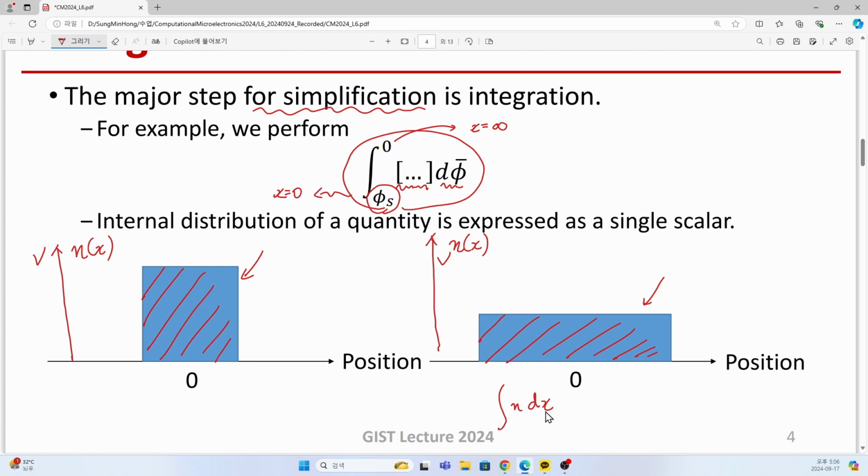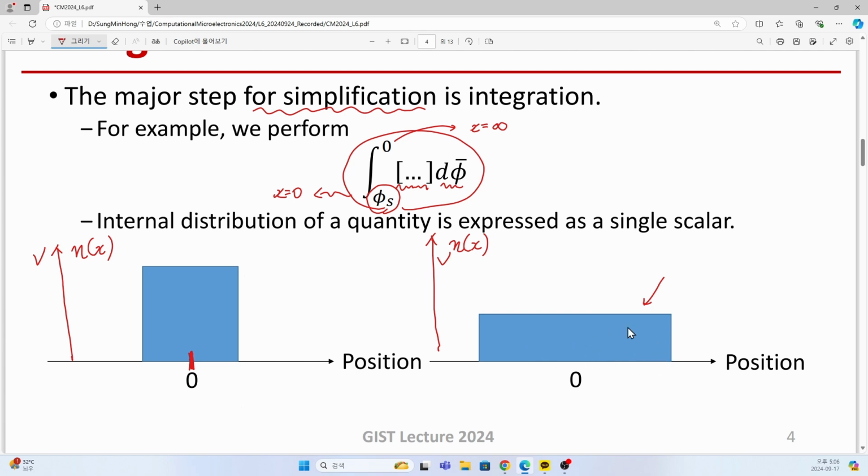Of course, they are quite much different. For example, instead of this simple number of electrons, if we wanted to consider just the average distance of electrons from this zero point, then how does it look like?